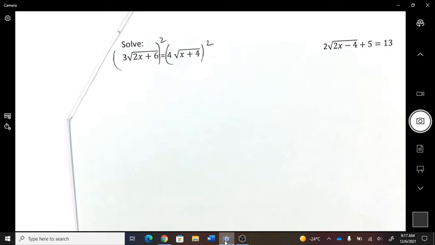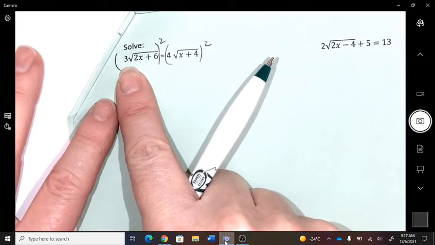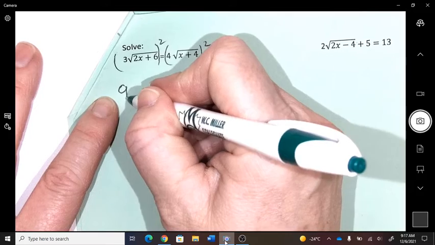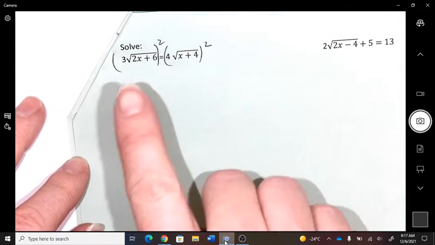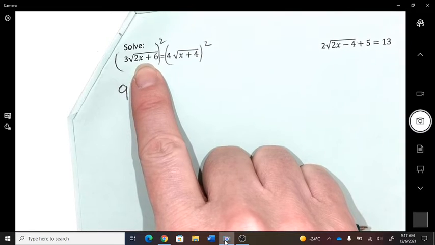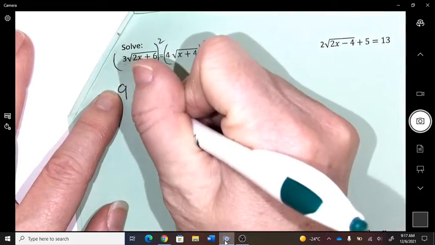Okay, now don't forget, squaring is like seeing this written down twice. So what is the whole number going to be when you square it? 3 times 3 is 9. And what happens when you have a radical times the same radical? The radical part will disappear.